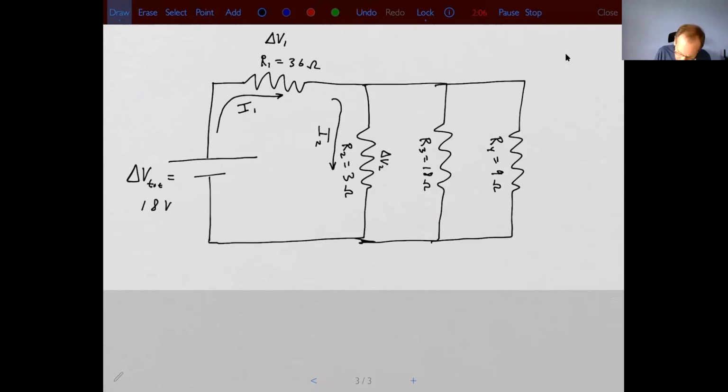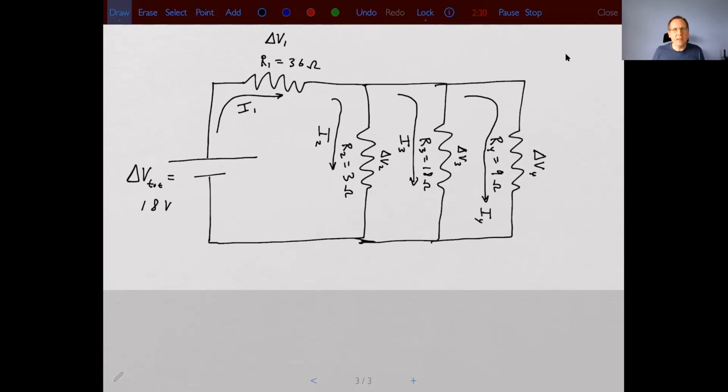Then the current going through the third resistor is going to be I3, and this voltage drop will be delta V3. And then the current going through there will be I4, and this voltage drop will be delta V4.